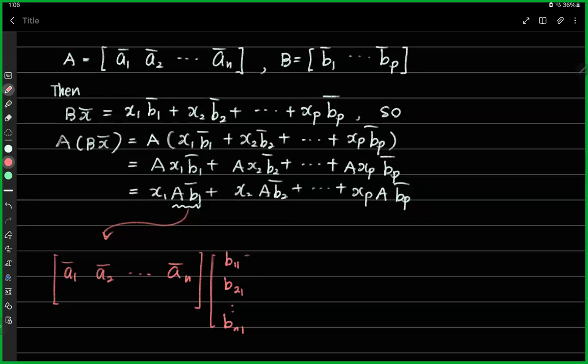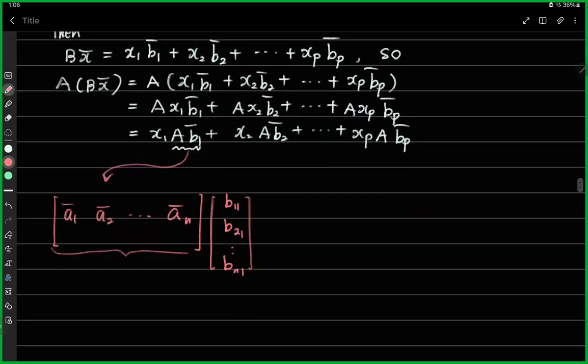That's b1 bar. And this is equal to b11 times a1 bar, plus b21 times a2 bar, plus through bn1 times an bar. Linear combination.